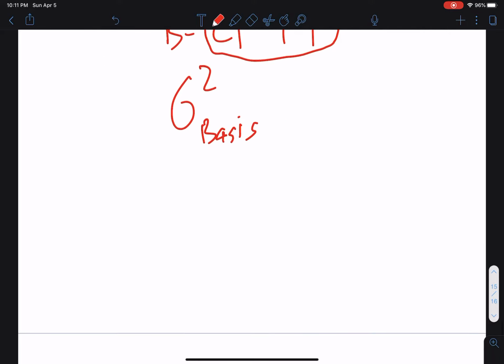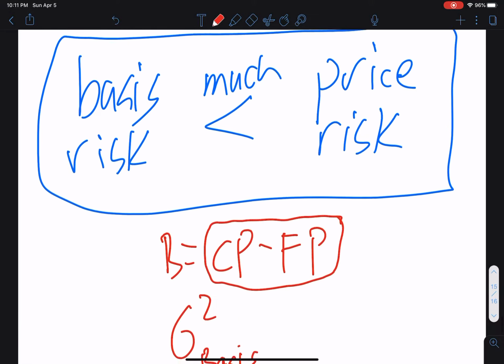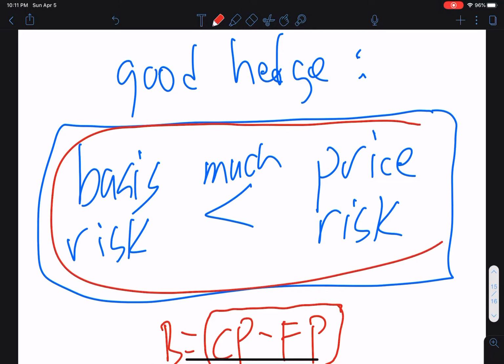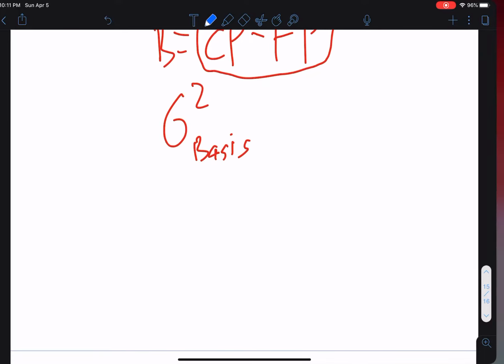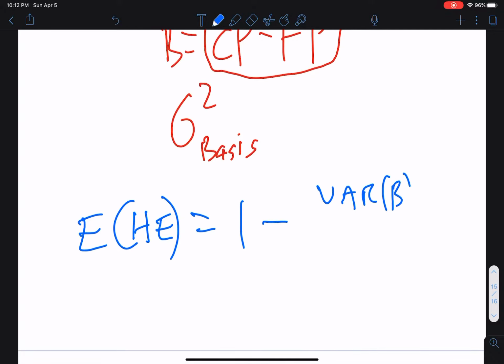Okay, so I wanted to finish up with a way of measuring this attractiveness of a hedge, that being when basis risk is much lower than price risk. There's been developed a way to measure it, and it's called a measure of expected hedging effectiveness, and it's simply 1 minus the variance of the basis divided by the variance of the price of the spot asset, cash price.